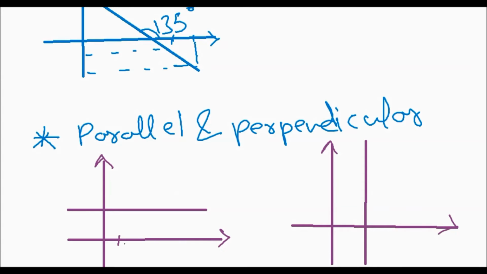If I increase by 1 unit or 2 units or whatever units, there will be no increase in the y-axis, right? So m is equal to 0. There's no slope, no relation between the x and y axis. Increase or decrease, there will be no effect on the y-axis.